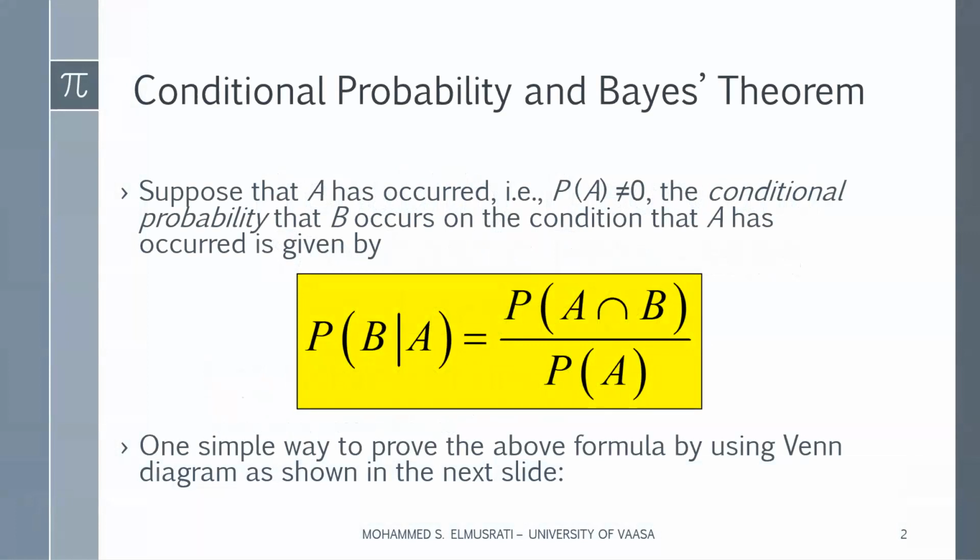Conditional probability is a very important advancement in probability theory because it gives us the concept of how the knowledge of a certain event will affect another event or the uncertainty of another event. It is very important in that sense because events in reality are correlated.